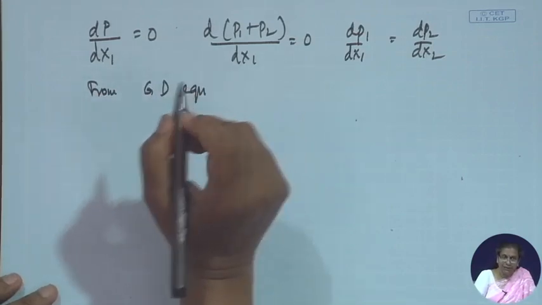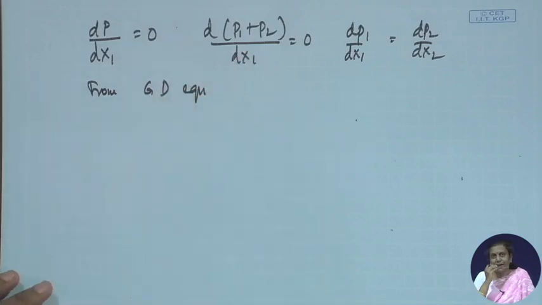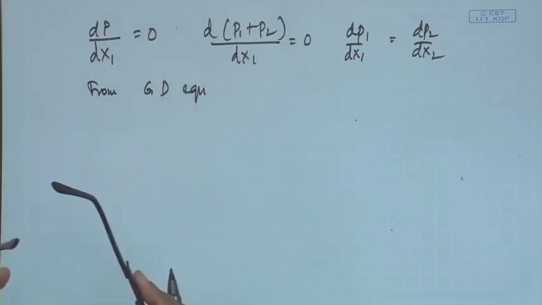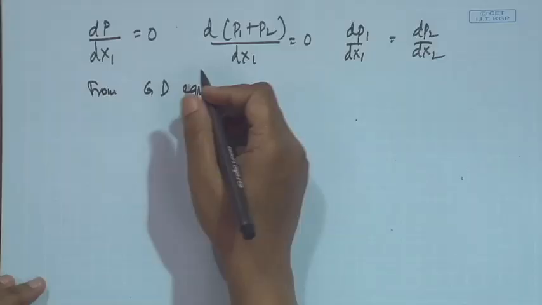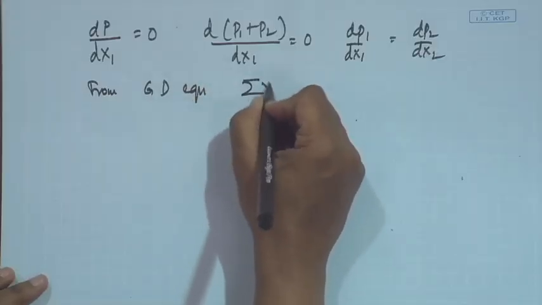Just remember one thing: repeatedly during our entire discussion on ideal as well as non-ideal solutions, for everything we are coming back to the Gibbs-Duhem equation. That shows the significance of this equation as far as phase equilibrium thermodynamics is concerned. From the Gibbs-Duhem equation, what do we know in terms of fugacity?